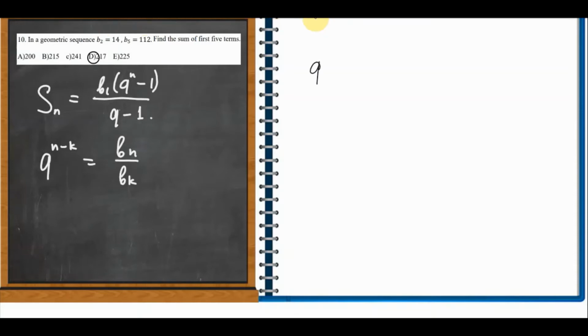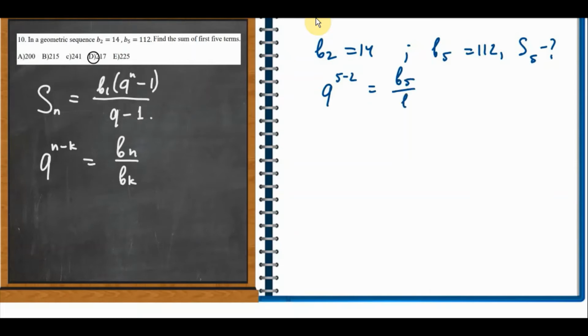Since we have b2 is 14, b5 is 112, and 5 is needed. Now we can write q to the power of 5 minus 2 is equal to b5 over b2, because we only have these two terms. Now q to the power of 3 is equal to 112 over 14. q to the power of 3 is equal to 8 and q is going to be 2.